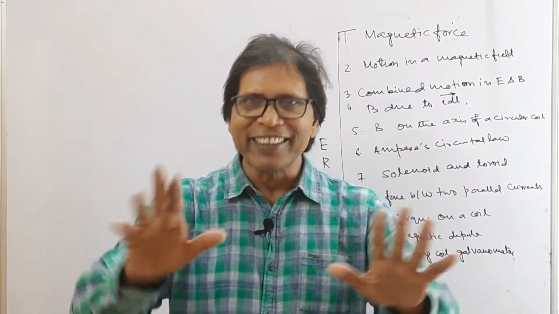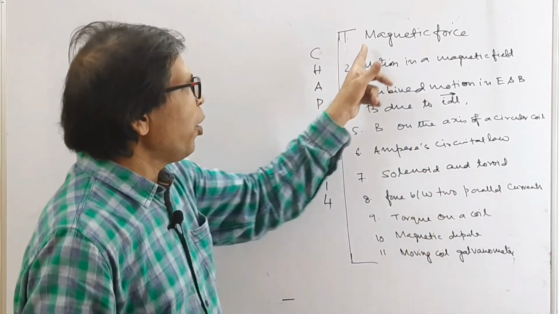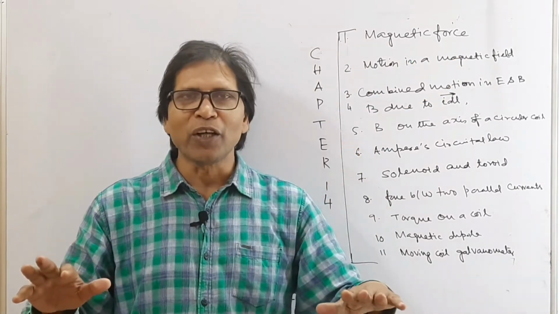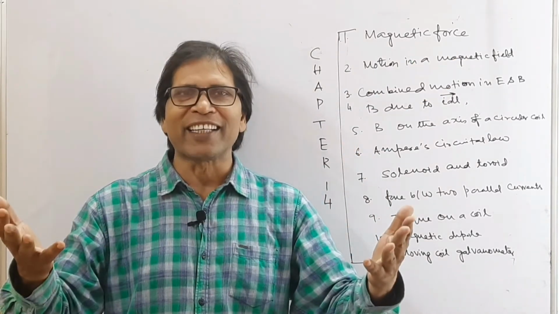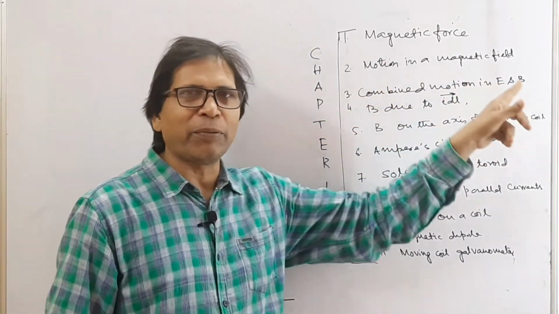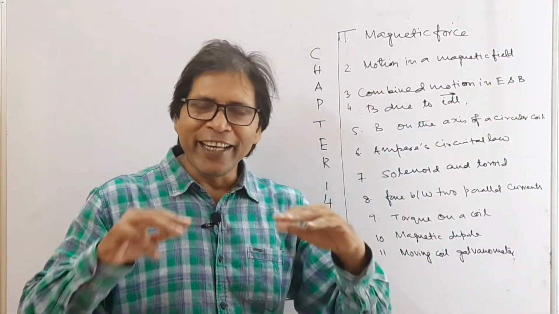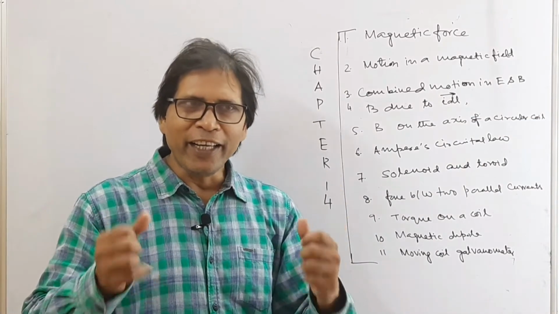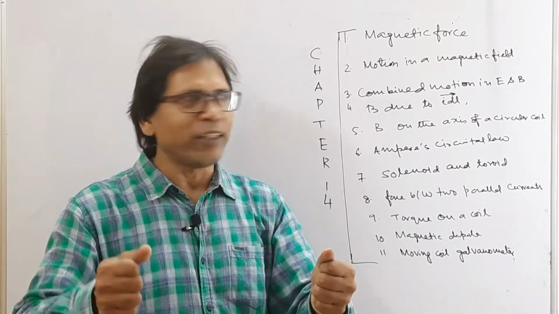Now our discussions are magnetic force, that is Lorentz force on a moving charged particle. Next, motion in a magnetic field, that is nature of motion of a charged particle in a magnetic field.